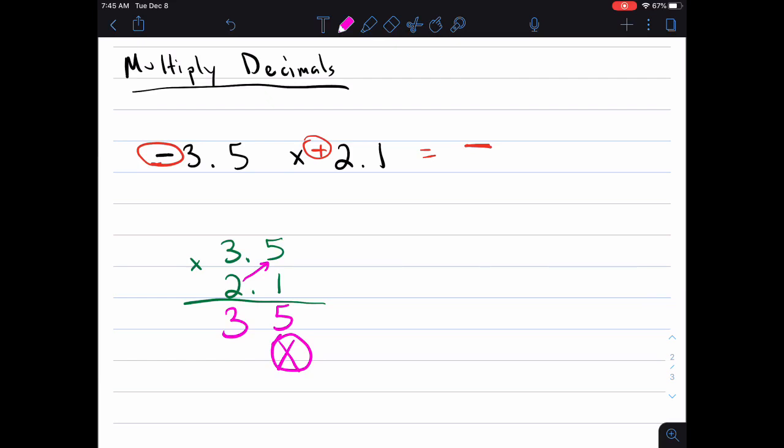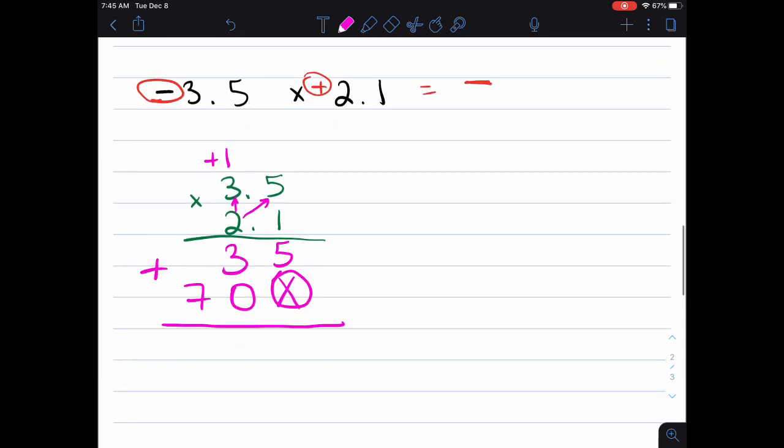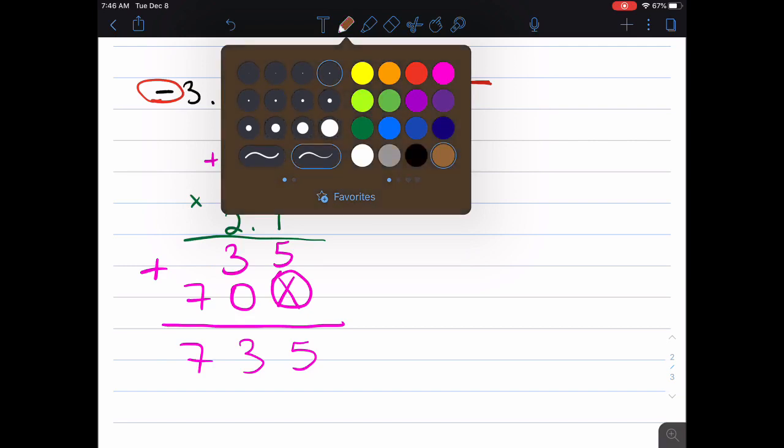2 times 5 is 10. 2 por 5 es 10. El 0 se baja y aquí sumo 1. 3 times 2, 3 por 2 is 6, plus 1 is 7. I add, sumo, 5, 3, 7. Now, how many are behind the decimal? ¿Cuántos hay detrás del decimal?